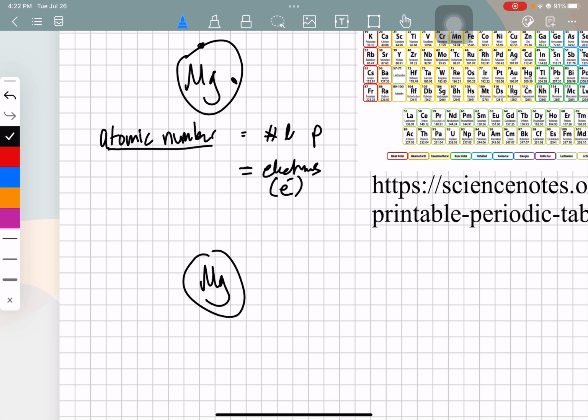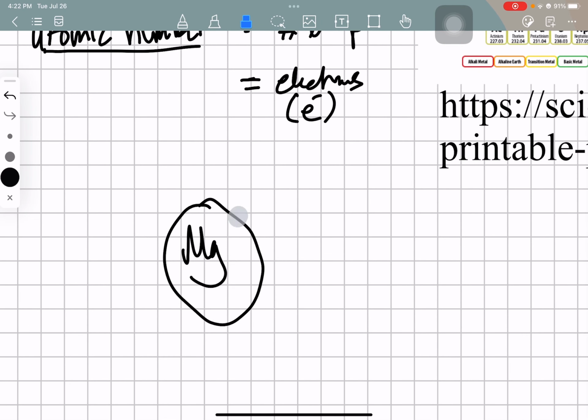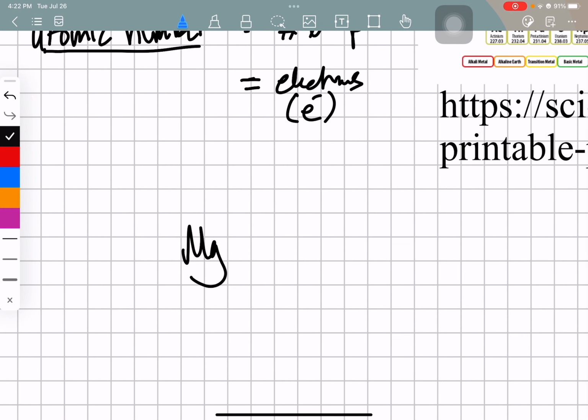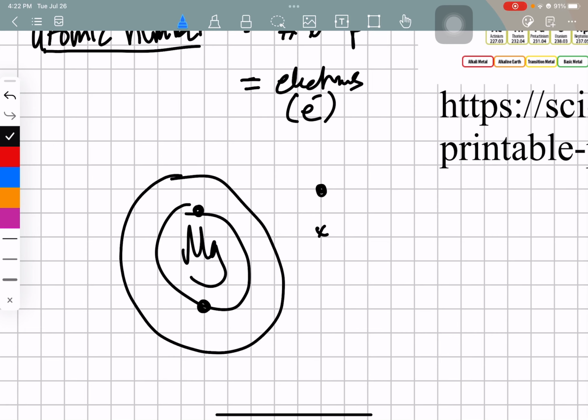In the first shell, there are two electrons. We could draw either a circle or an X. Here, circle, that's 1, and that's 2. So that's 2, 10 to go.